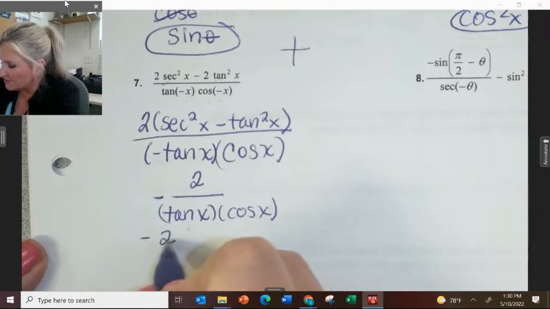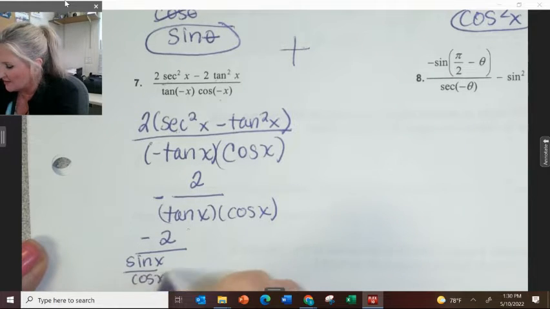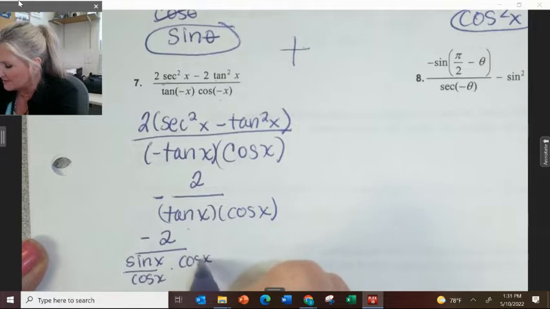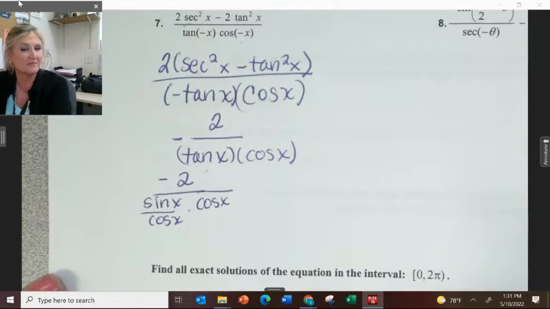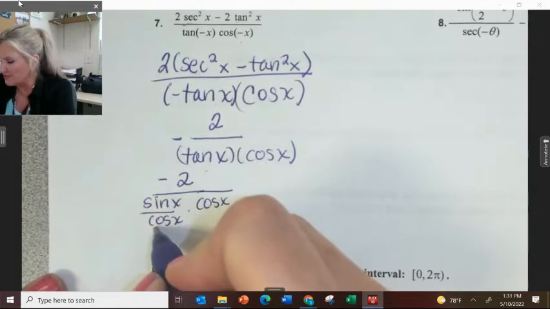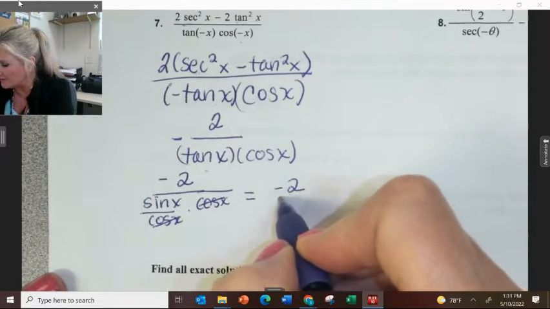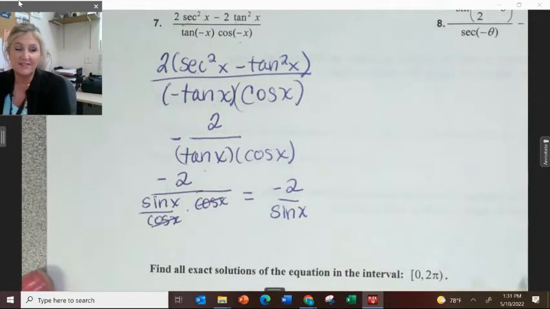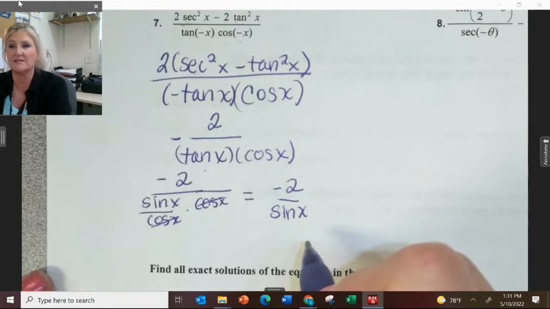So we have negative 2. If I write this tangent as sine x over cosine x, and then it's getting multiplied by cosine x, what would now happen? Right, so these cosine x's would now cancel, so we would have negative 2 over sine x.